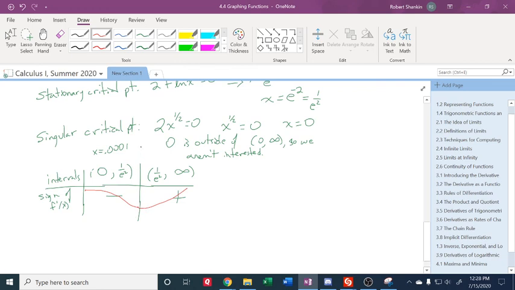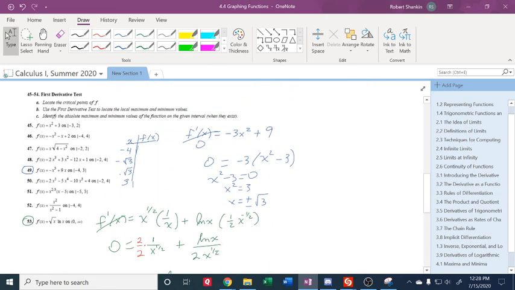So at this point, 1 over e squared, this must be a local minimum. So 1 over e squared is a local minimum.